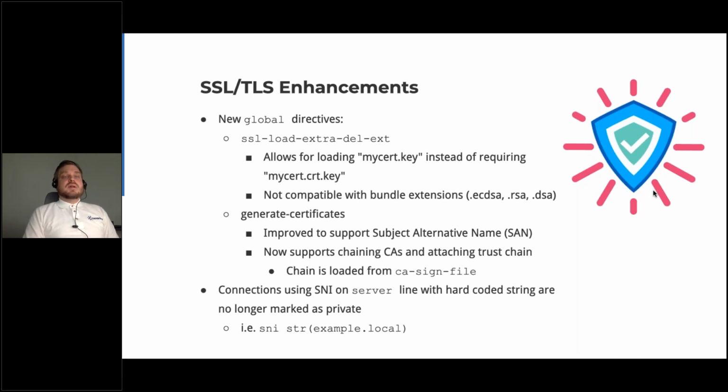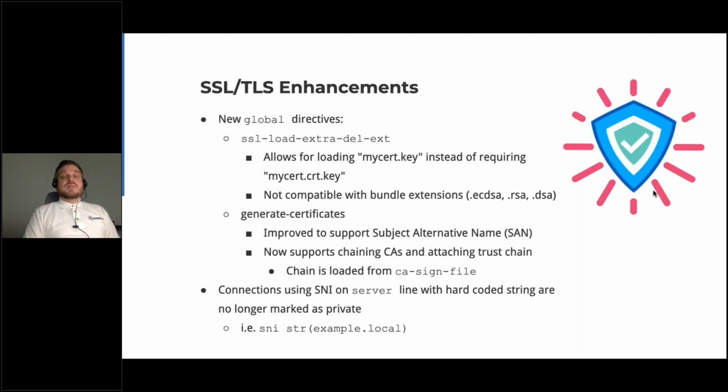And HAProxy also supports, as many of you know, end-to-end encryption, allowing you to accept a TLS connection from a client and then terminate that request, re-encrypt the connection, and connect to the backend servers using TLS. It also allows you to specify the host name that's sent when you're using the TLS SNI extension.